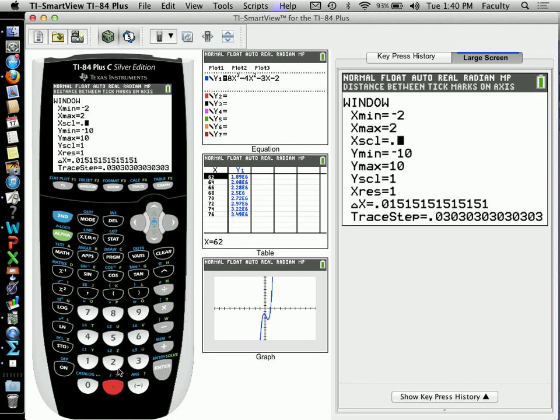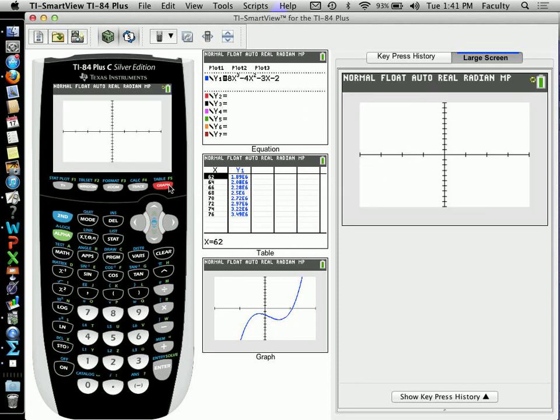And I'm going to make it have a scale of 1/2, which means I'm telling the calculator to plot -2, -1.5, -1, -0.5, 0, 0.5, 1, 1.5, 2. And let's take a peek at this. And this is a much better looking window, okay? So you can mess around with that.